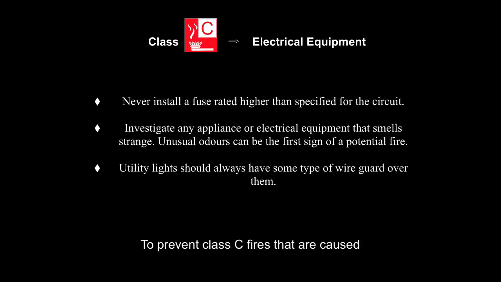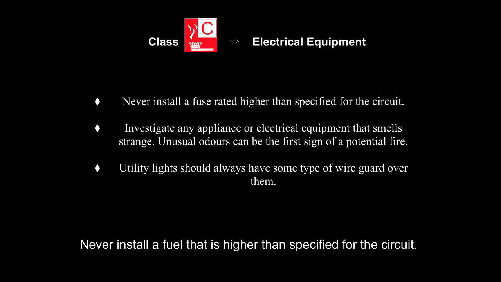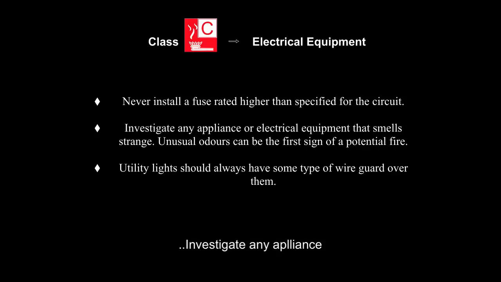To prevent Class C fires that are caused through electrical equipment, here is the list of precautions one should take. Never install a fuse rated higher than specified for the circuit. Investigate any appliance or electrical equipment that smells strange. Unusual odors can be the first sign of a potential fire.